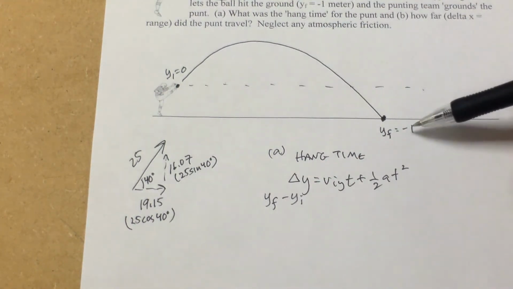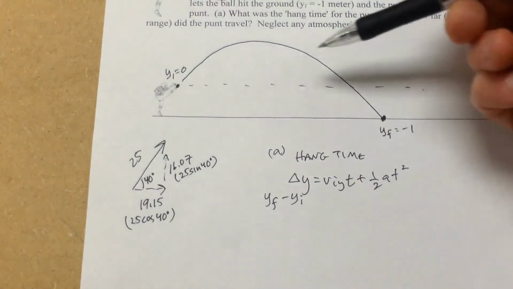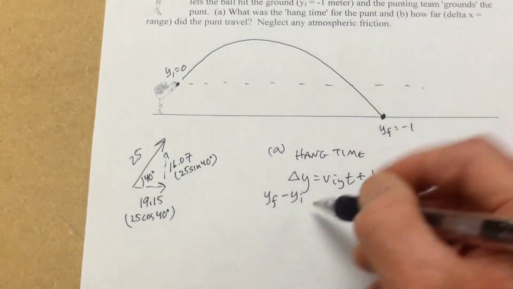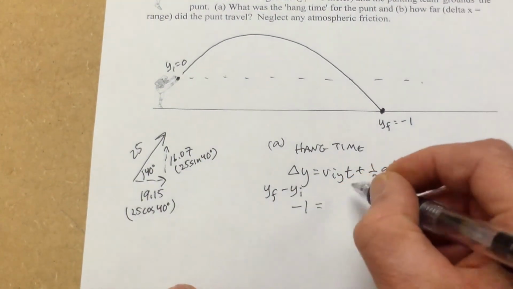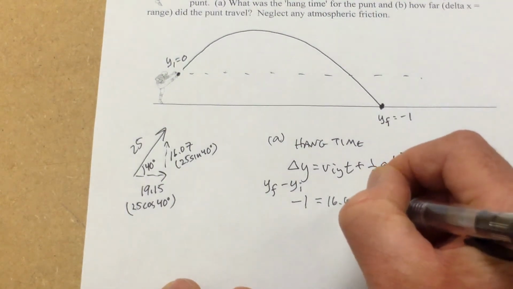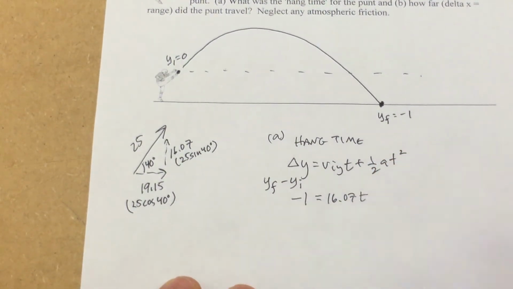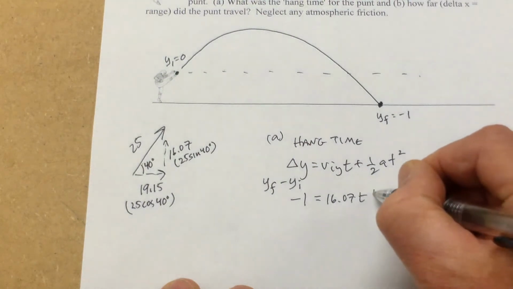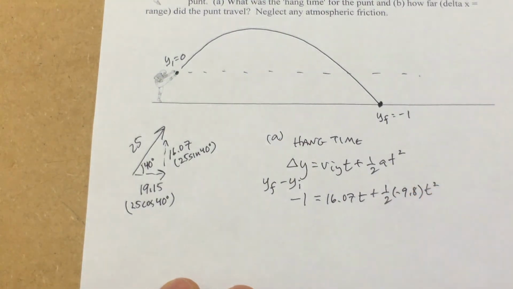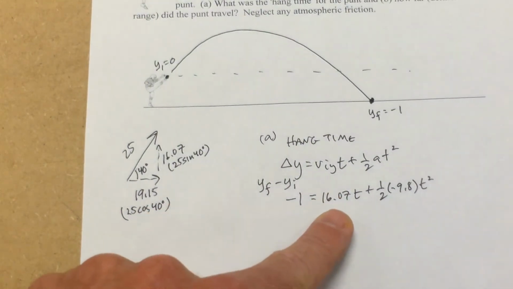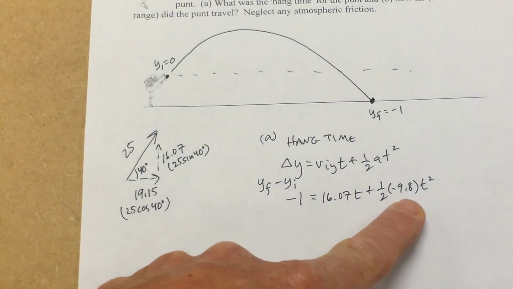So that would be -1 minus 0, or the ball falls 1 meter below where it started. Let's put in everything else we know: the initial velocity and the y, and the acceleration.